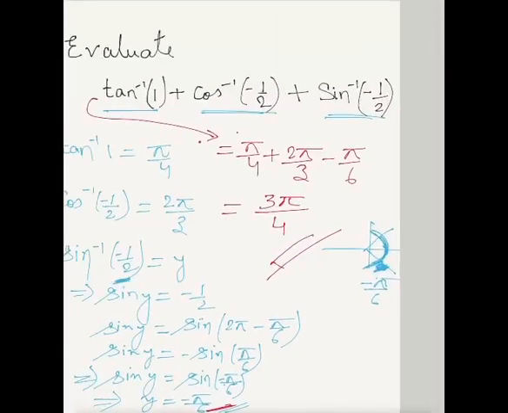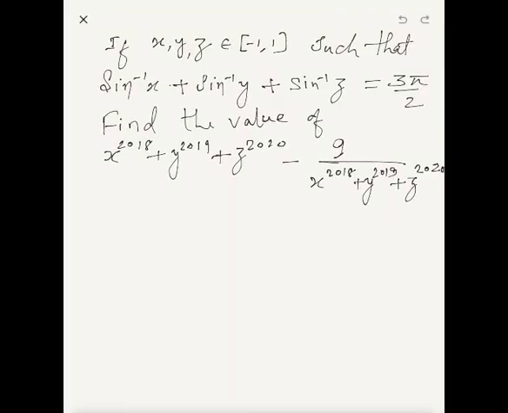Let's move on to the next question. See, very interesting question. Okay, if x, y, z belongs to minus 1 to 1, such that sin inverse x plus sin inverse y plus sin inverse z is equals to 3 pi by 2, hence you have given that.